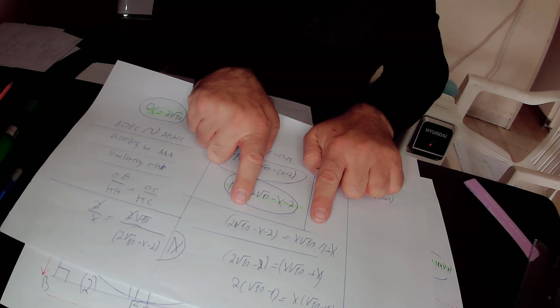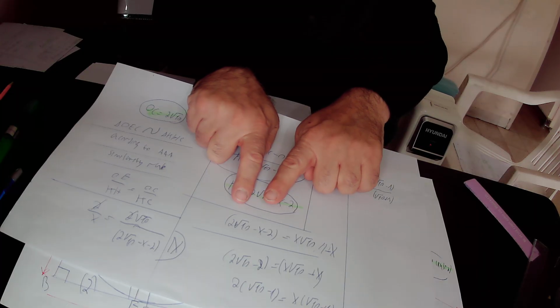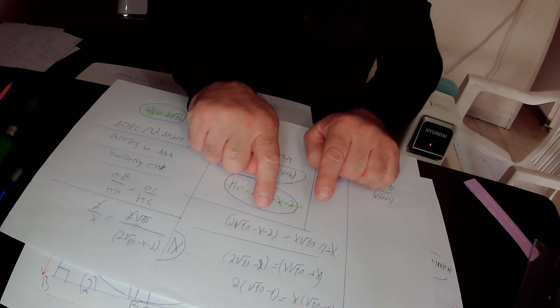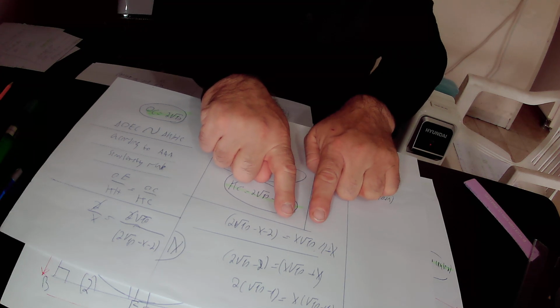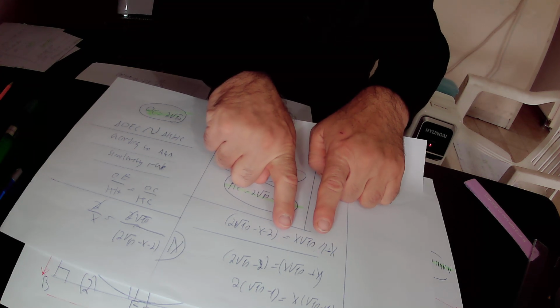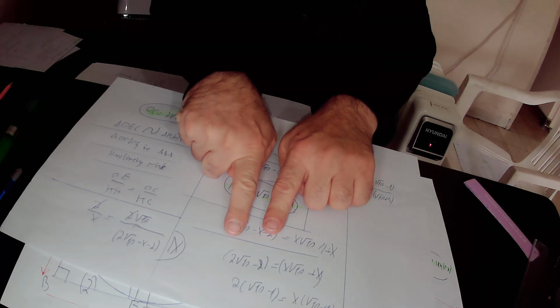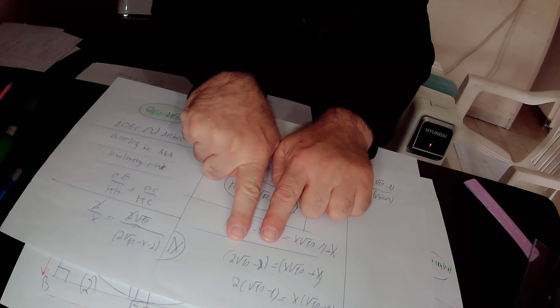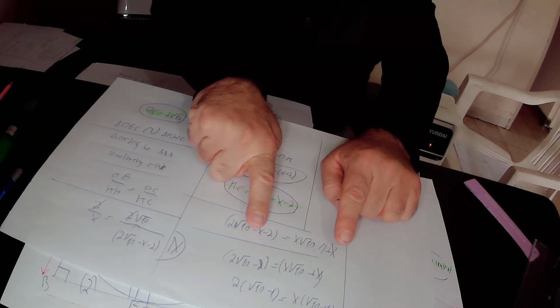Here we added x to this equation, and we found that on this side of the equation we are left only with 2 times square root of 10 minus 2, and on the other side of the equation we have x times square root of 10 plus x. Here we took 2 out as a common factor from those two expressions, so inside the brackets we are left with square root of 10 minus 1.